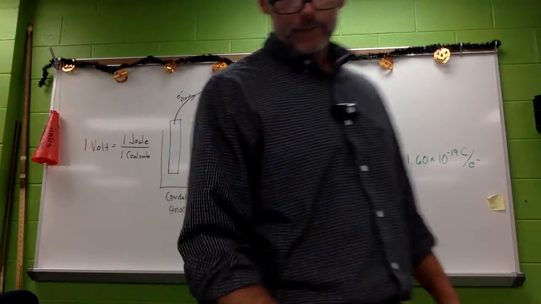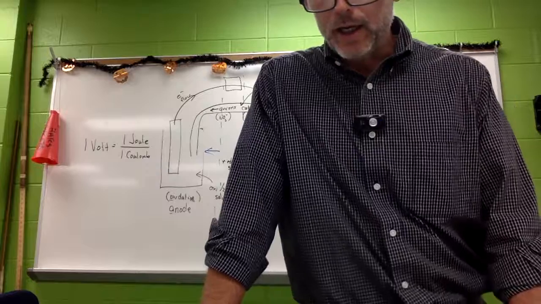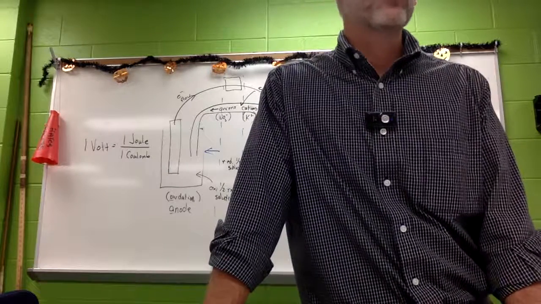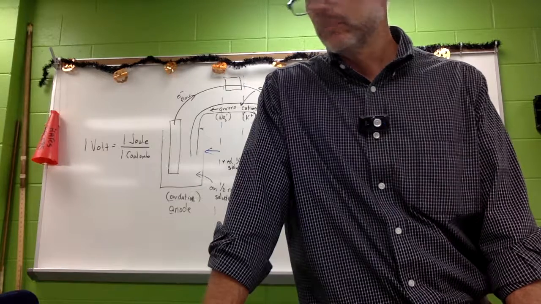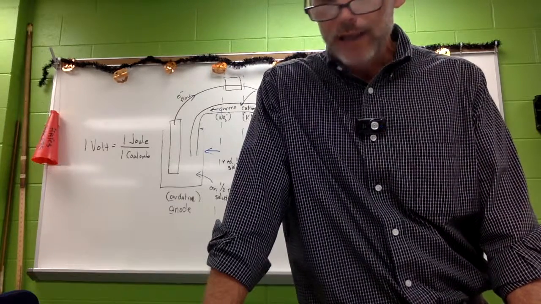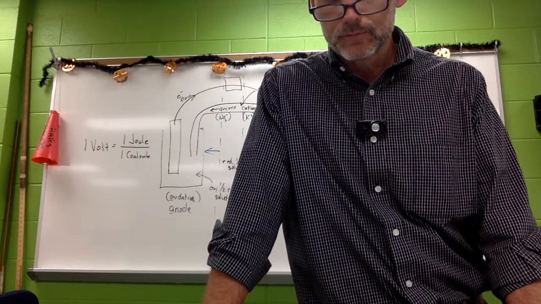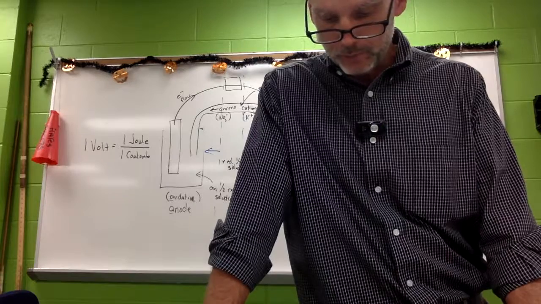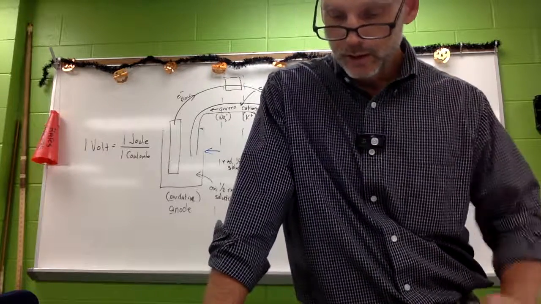Anyway, at the top, as you can see, these are arranged in order of decreasing electric potential. Fluorine has the highest electric potential, whereas down at the bottom, you'll see that lithium has the lowest electric potential.